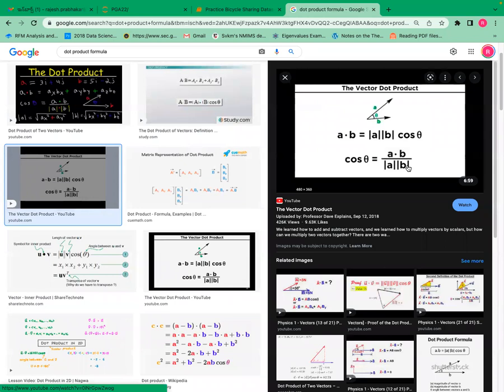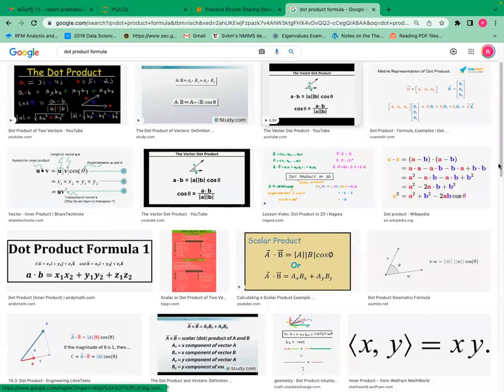Dot product of A into B is equal to magnitude of A multiplied by magnitude of B into cos theta, or cos theta is equal to A into B divided by magnitude of A by magnitude of B. Magnitude of A means A square. Magnitude of B means B square. So this is the vector arithmetic which is used in support vector machines.